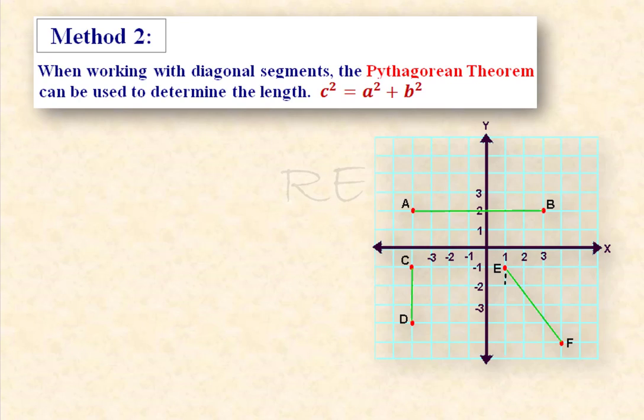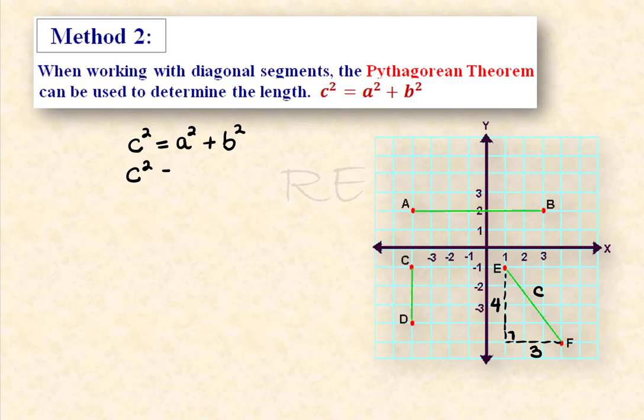What will work for EF is a triangulation. We will create a right triangle with EF, the diagonal, as its hypotenuse, and we'll be able to use the Pythagorean Theorem, c squared is equal to a squared plus b squared.